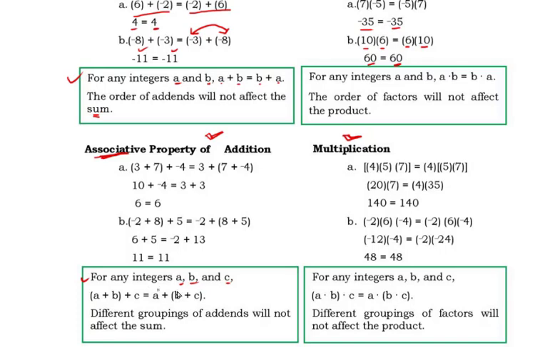For any integers A, B, and C, ito po yung quantity A plus B plus C is equals to A plus quantity B plus C. Different groupings of addends will not affect the sum. So, kahit po i-group mo po itong unang dalawang addends, tapos doon naman po sa kabila i-group mo yung dalawang huli, ang kanila pong sagot ay hindi po mababago. Ayan po yung halimbawa.